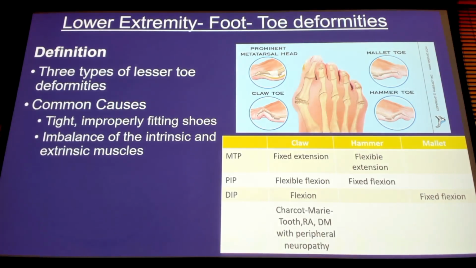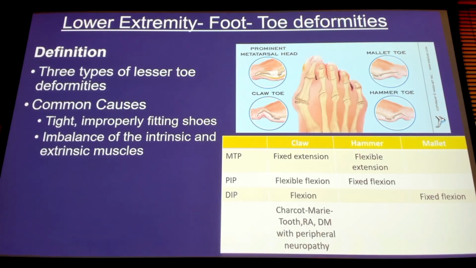Get the shoes right. If he or she likes wearing tight-fitting shoes with a narrow toe box and high heels, change it or just don't do it as much, okay? Now, all of these conditions affect the metatarsophalangeal joint, the PIP and/or the DIP. So I want you to listen up really carefully, okay?